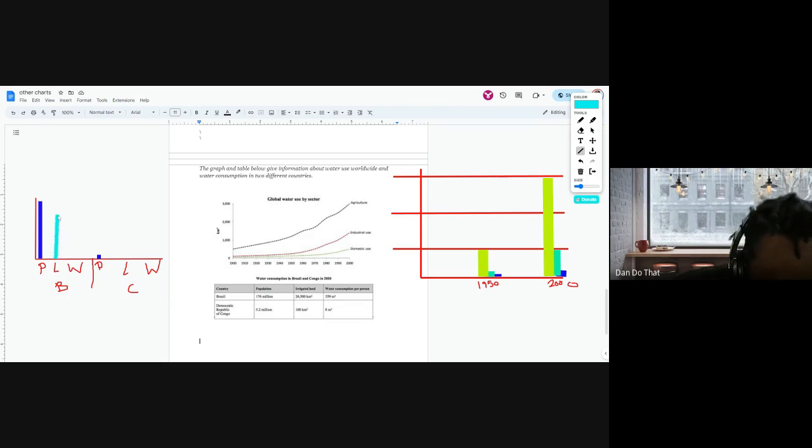Again, very high. And then 100 for Congo, so very small. And then we got water. For water, it's 359, and then 8. Again, very small. Okay.